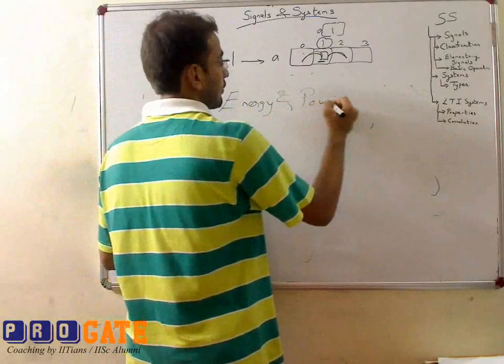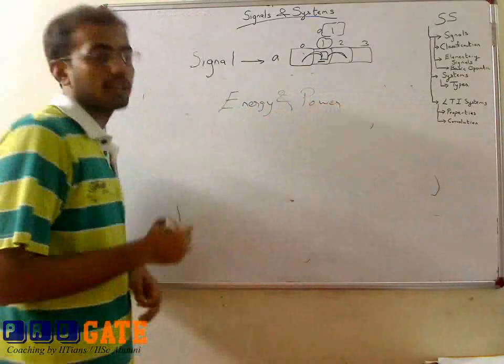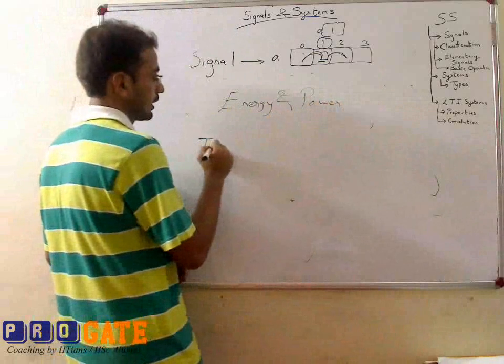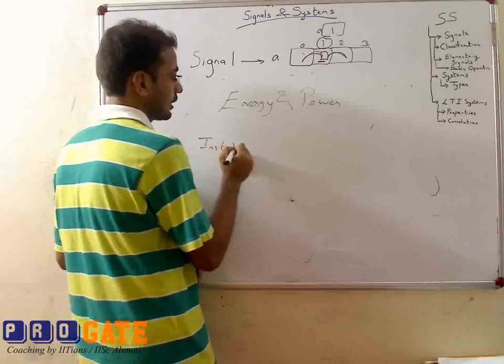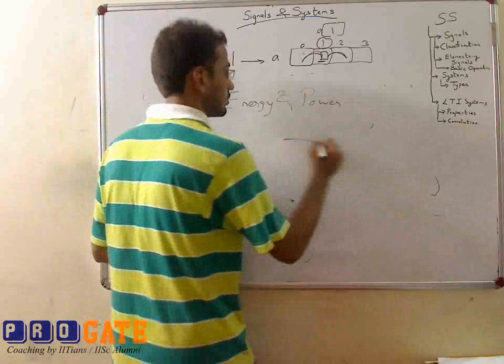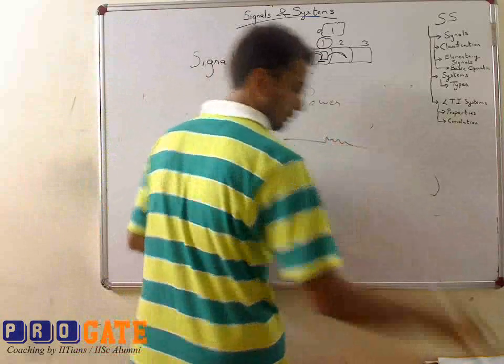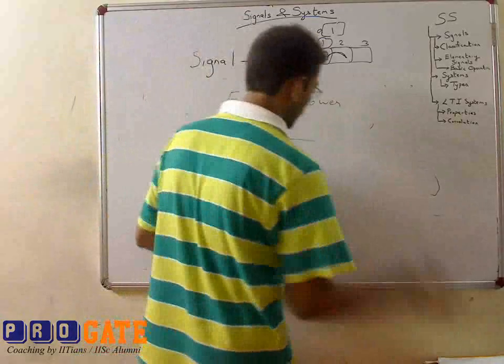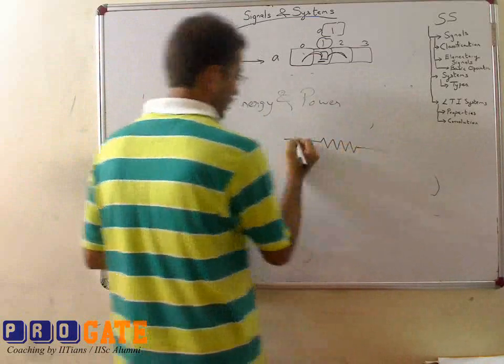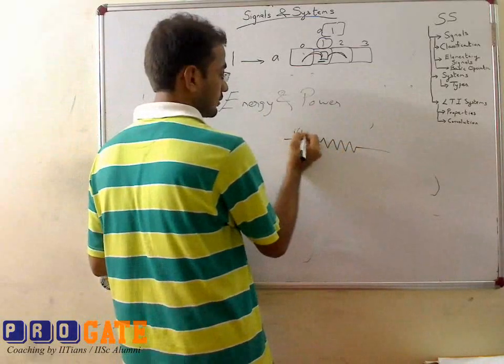Now usually when we take alternating current in AC, we take instantaneous power and average power. If I take the same basic example, suppose there is a resistor, and I'm passing in current i(t), the instantaneous current.